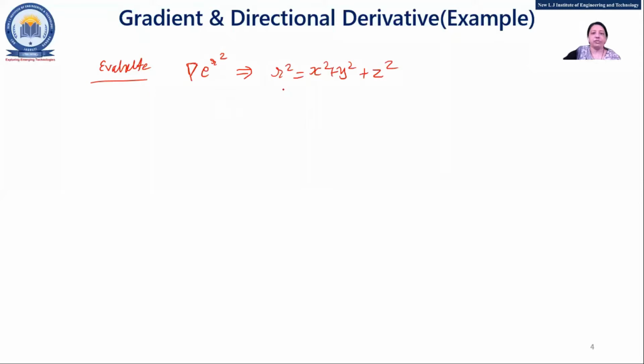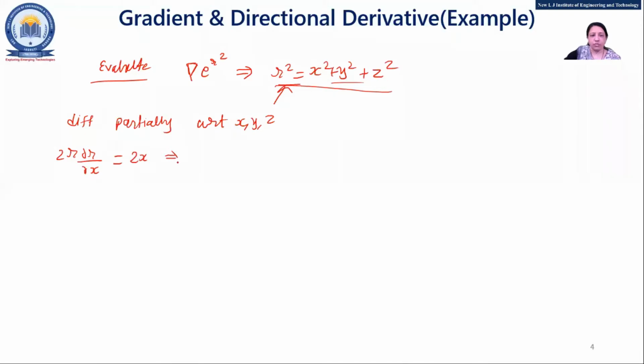So what we are going to do, first we take this equation and differentiate it partially with respect to x, y and z. So first we have 2r ∂r/∂x equal to, now x only, so the other terms become 0, only 2x. So ∂r/∂x is x/r.